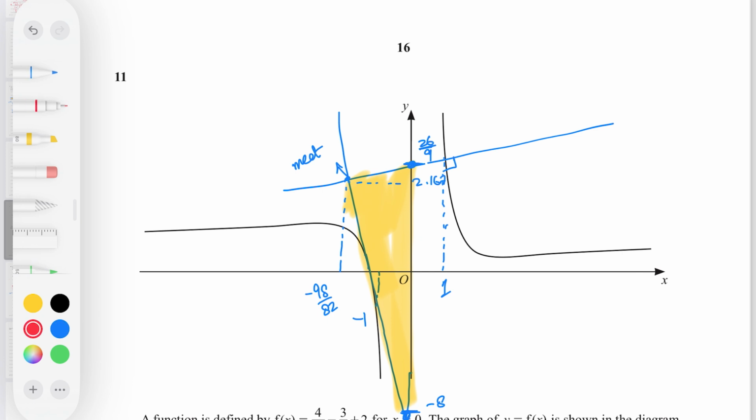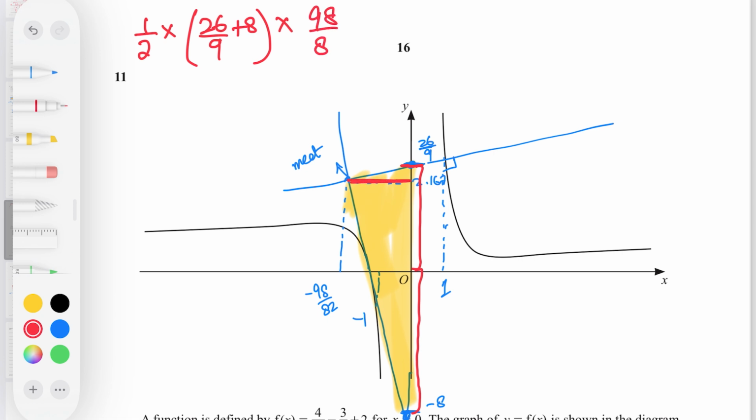Now, what is the area of the triangle? Half into base. The base is going to be 26 upon 9 plus 8. The height is going to be 98 upon 82. Multiply by 0.5.